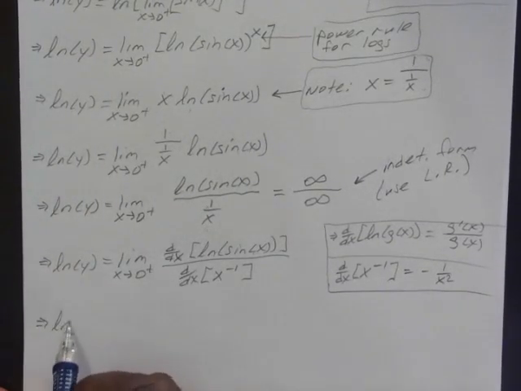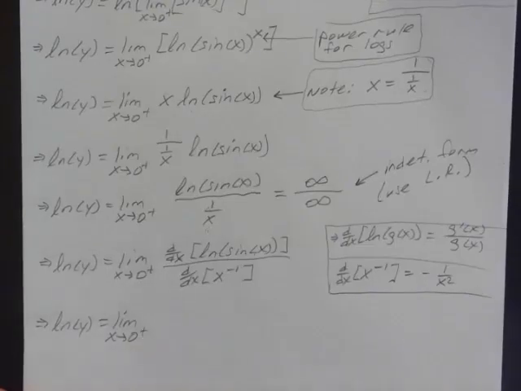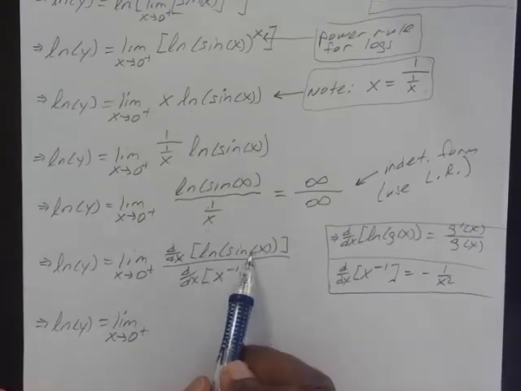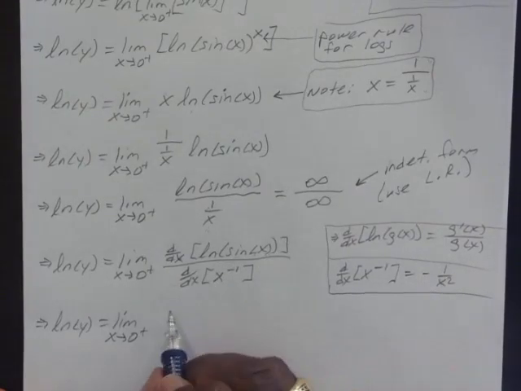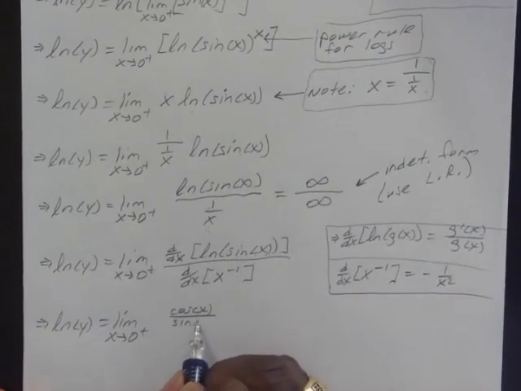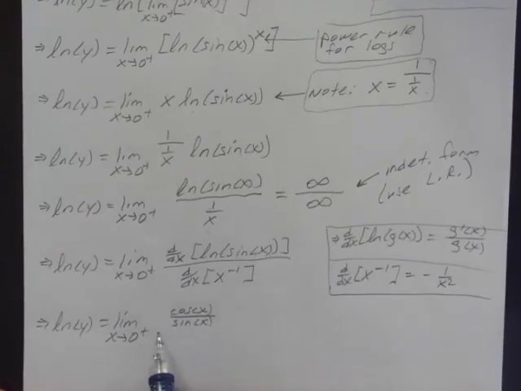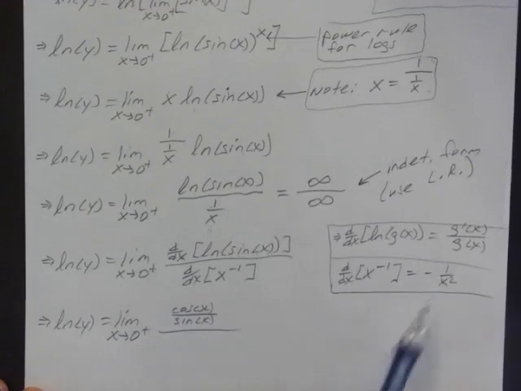So that will give us the natural log of y is equal to the limit as x approaches 0 from the right, the natural log of sine of x. Since sine of x is your g of x, your g prime of x would be cosine of x. So we have cosine of x divided by sine of x divided by negative 1 over x squared.